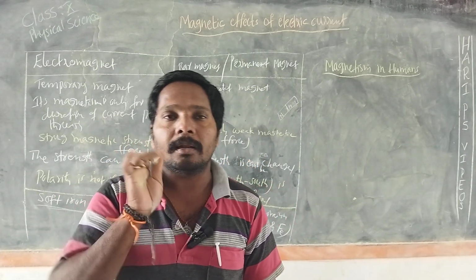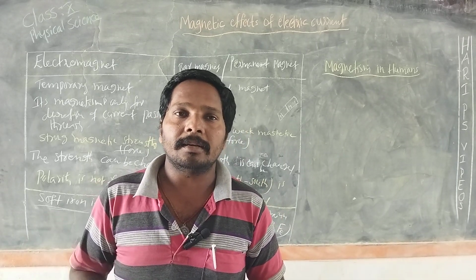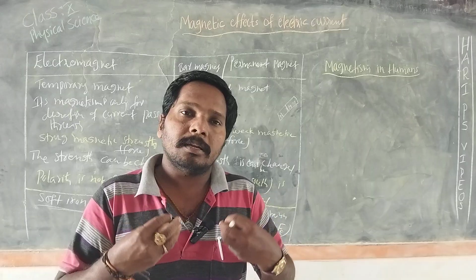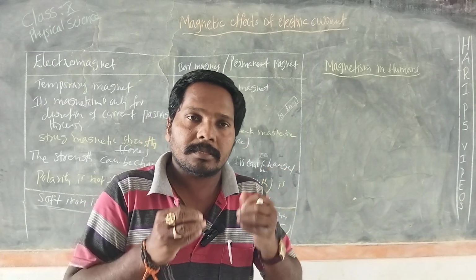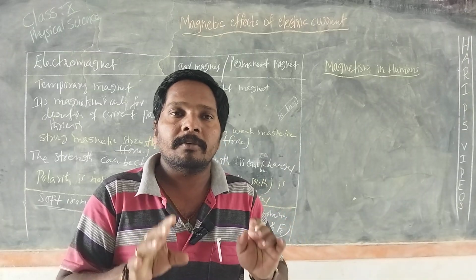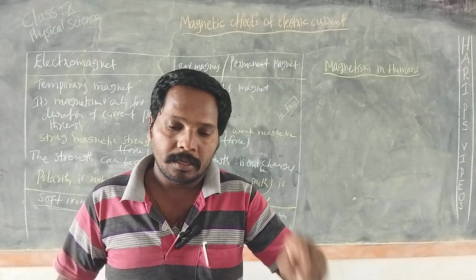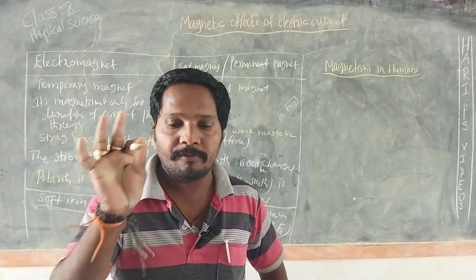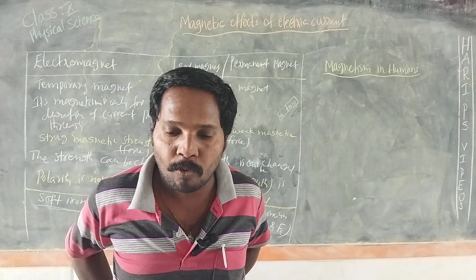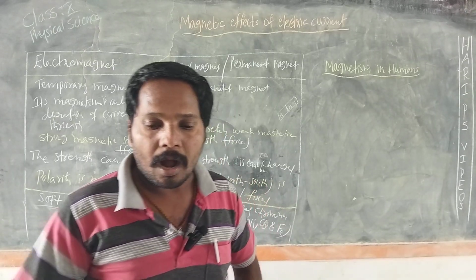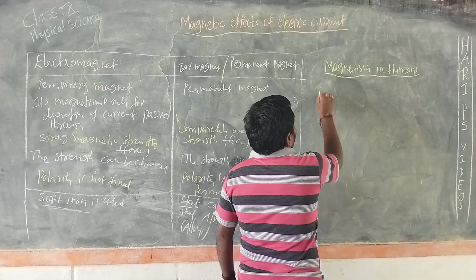So the point is simple: ionic currents create a little magnetism inside our body. This magnetic field is very small when compared to the Earth's magnetism.